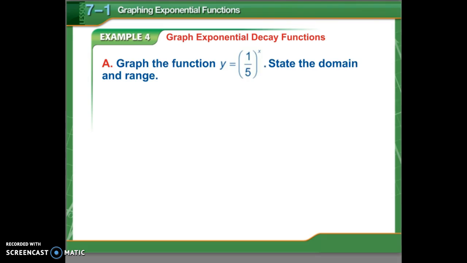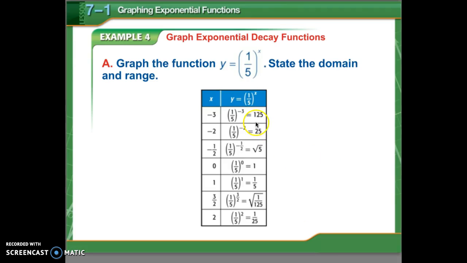For example 4, we have to graph the function (1/5) to the x power and then find the domain and the range. So we're basically just making a table of values again. Remember that if x is 0, y is going to be 1, because any number to the 0 power is always 1.